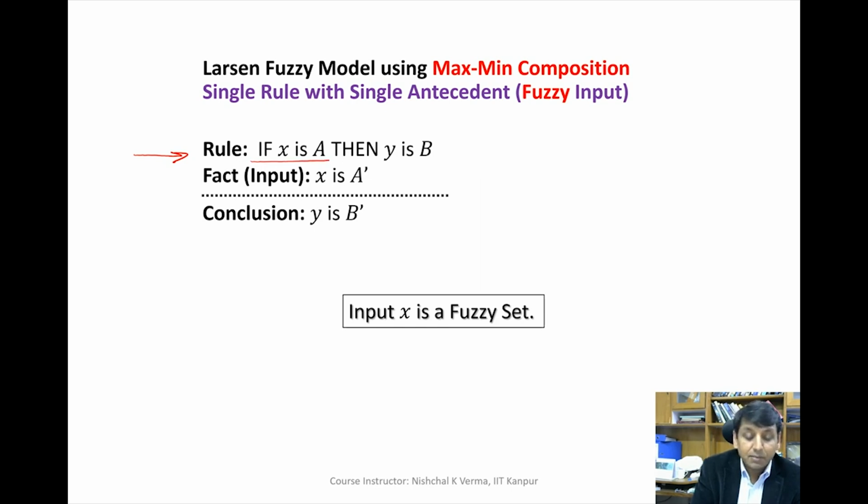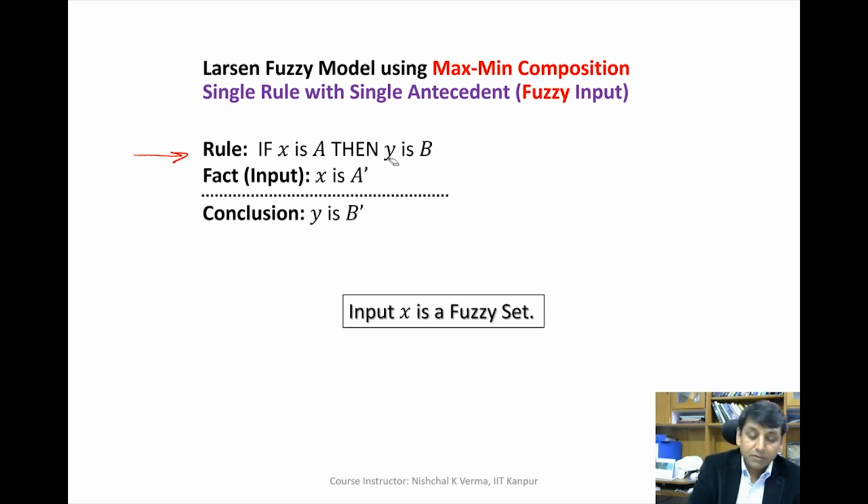So in the premise part we have only one antecedent, that is x is A. Since we have only one antecedent, we do not need any connective here. Small x is capital A. Small x here is nothing but the input generic variable, and capital A here is nothing but the fuzzy region in which this x can fall.